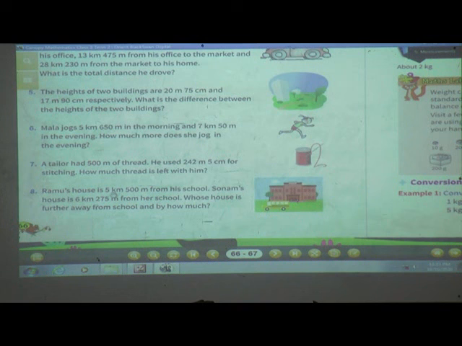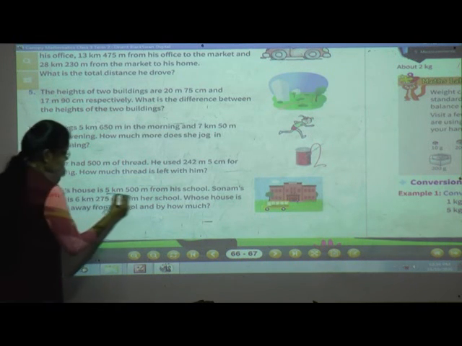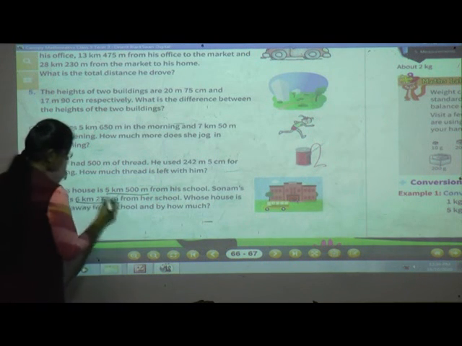See here. The distance of Ramu's house is 5 kilometer 550 meter and Sonam's house is 6 kilometer 275 meter from her school. Whose house is further away? Means whose house is far away from school. Now here you have to see these two values.